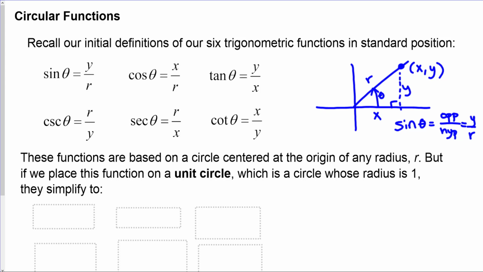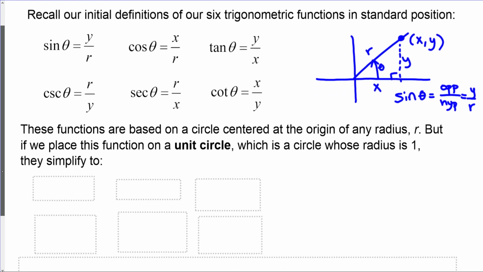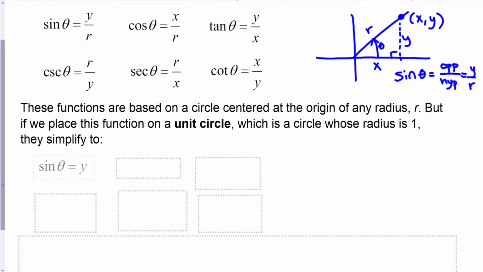But if we place this function on a unit circle, which is a circle whose radius is 1, then these definitions simplify to sine of theta equals y. Because if r is equal to 1, we get y over 1, which is just y. So that's a little bit easier to recall.